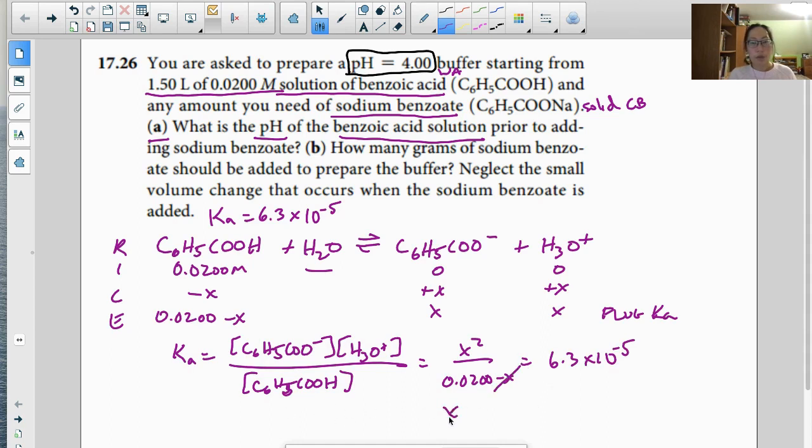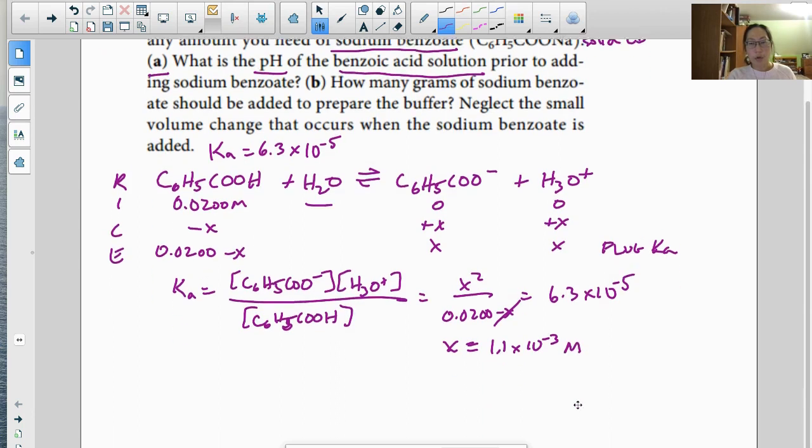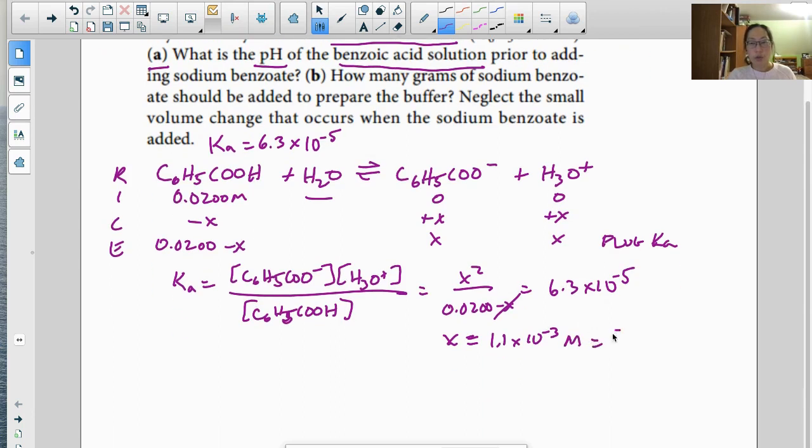Solving for x, we end up with a concentration of 1.1 times 10 to the minus 3 molar for our hydrogen ion concentration. And then we can take the minus log of this to get the pH. So the pH is going to be 2.95. All right, so that's part A.